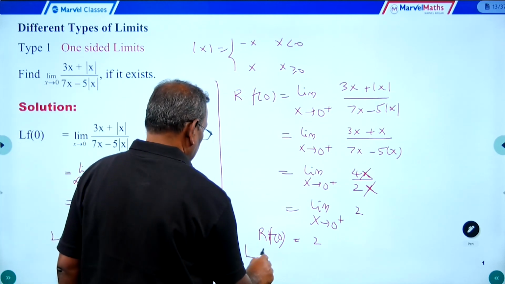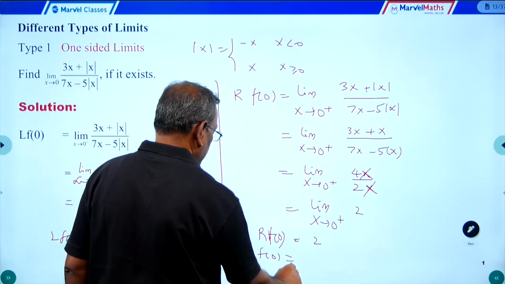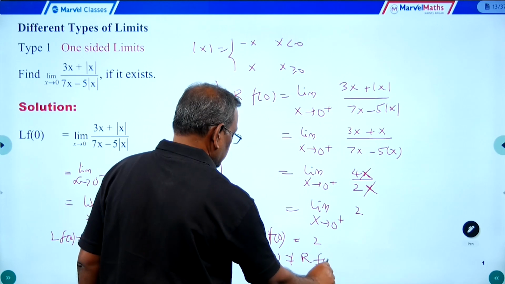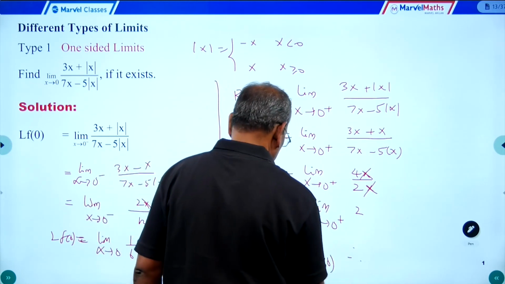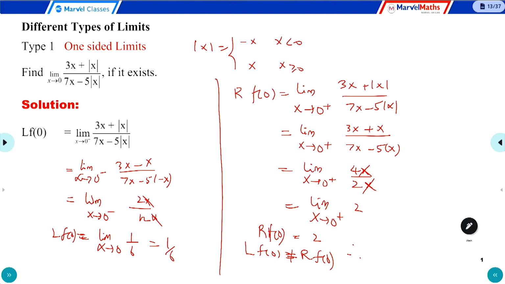So L of f of 0 is not equal to R of f of 0. Therefore, what is your conclusion? Whenever LHL and RHL are not the same, then the limit does not exist.